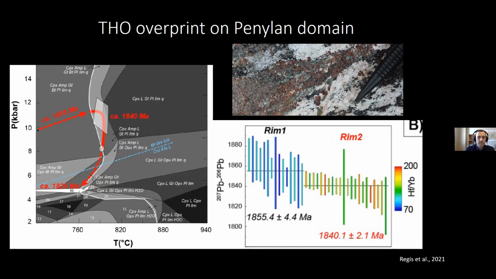First, we have prograde metamorphism and likely burial going on around 1855, and then a peak metamorphic event around 1840. We're reaching around 800 degrees Celsius and a little north of 10 kilobars here. And then shortly thereafter, from data from adjacent rocks, we have a decompression phase at about 1825.